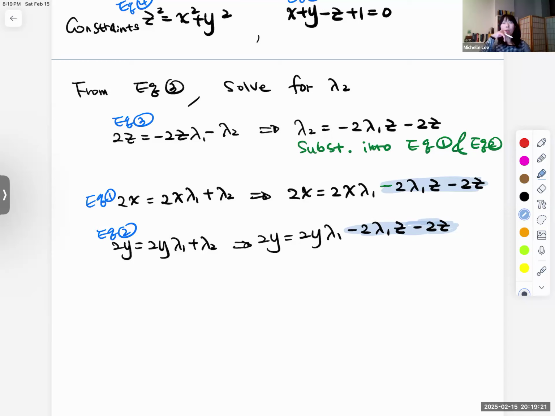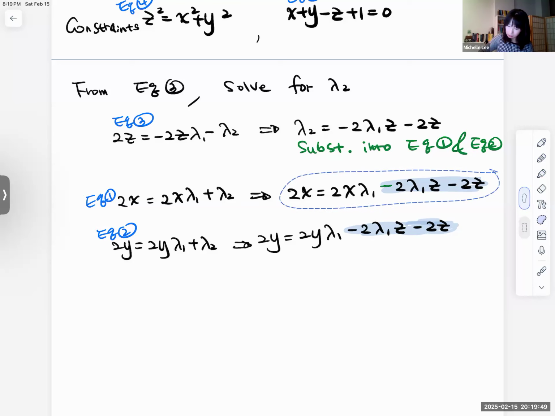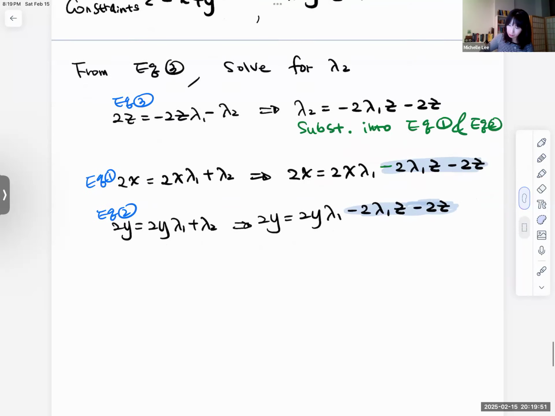All right, then let's solve for lambda 1 from each equation. So equation 1, we have that, copy.